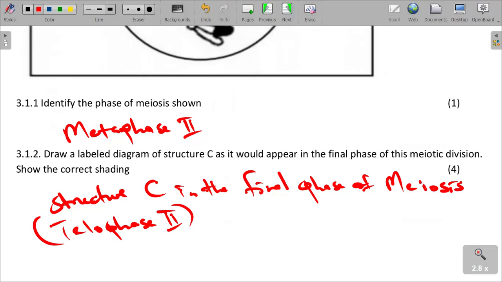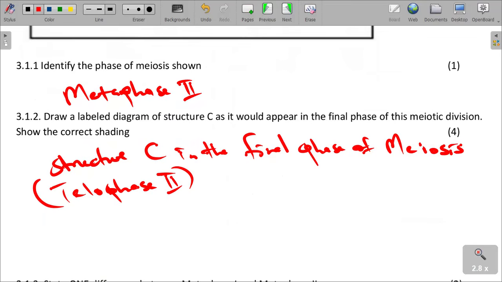The final phase is telophase 2. So this must appear as, we have to draw, a chromatid.